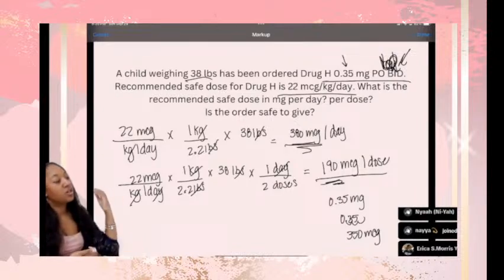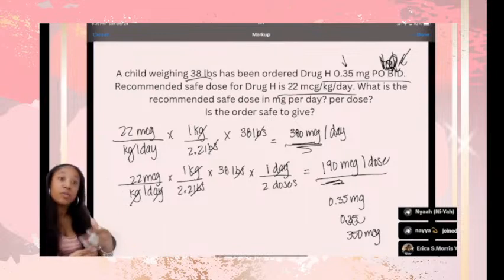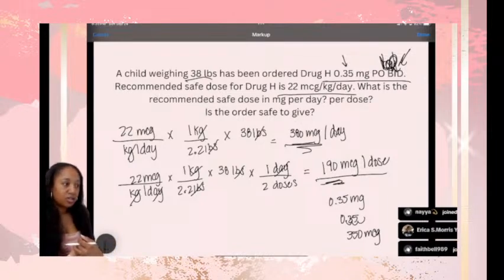But if we were just given this one time, we would be okay, because it will be below your number, because that's 380. So they want 350 twice a day. So that's going to be 700 micrograms in the whole day. So that's way more than 380. So this dose that has been ordered is not safe. Okay?